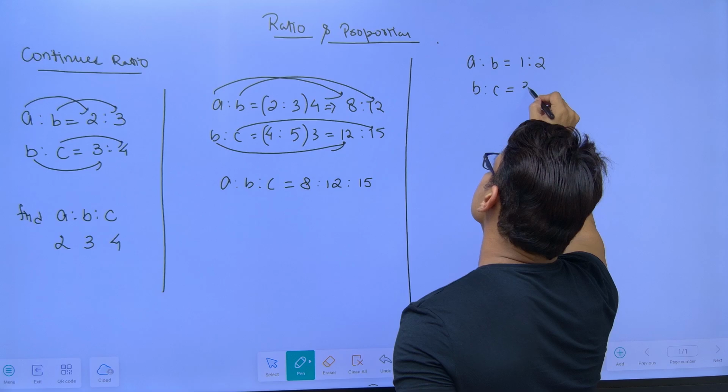Three ratios are given to you. And then I ask you to find out A is to B is to C is to D.